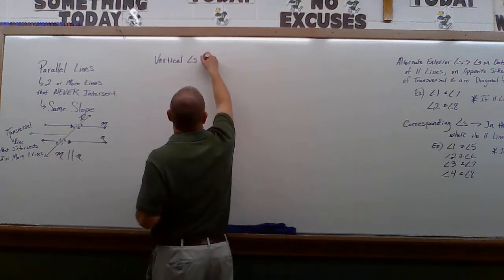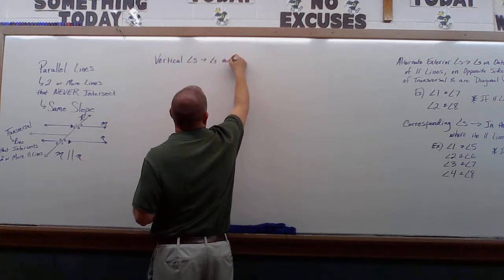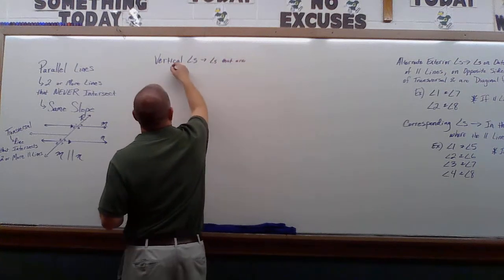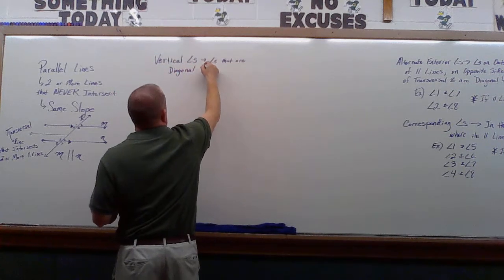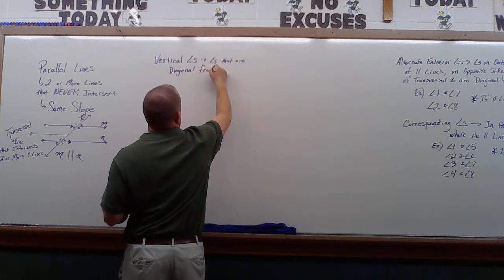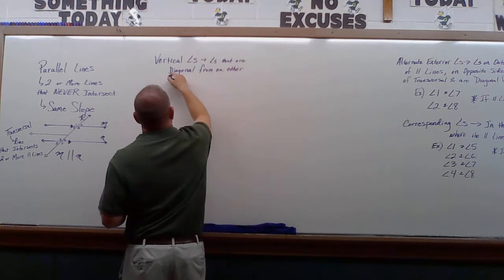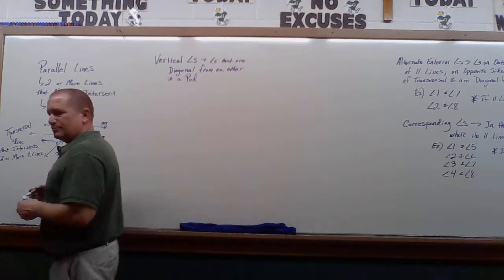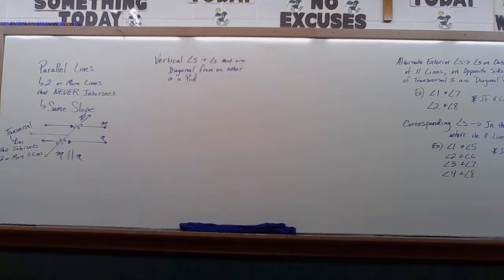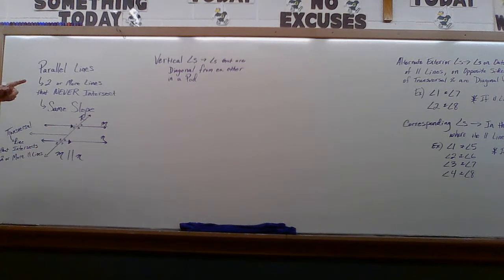So vertical angles are angles that are diagonal from each other in a pod. I know it's really not a pod, but in a specific pod, it's the angles that are directly diagonal from each other.